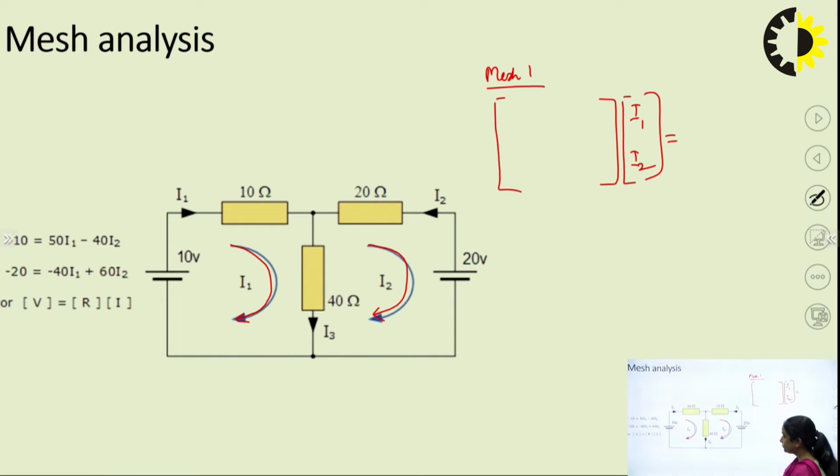Now see, if you look at the mesh current I1, how many resistances is it facing? That is the individual resistance for this current I1, which is not linked with I2. So the individual resistance for this network is 10 plus 40, that is 50.